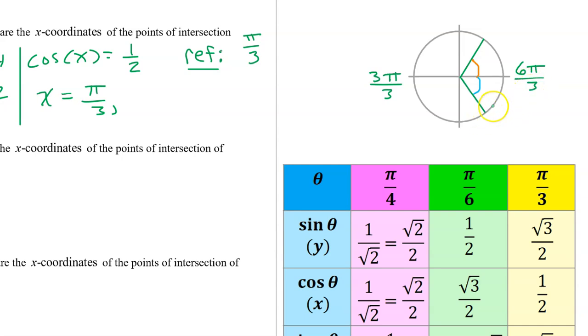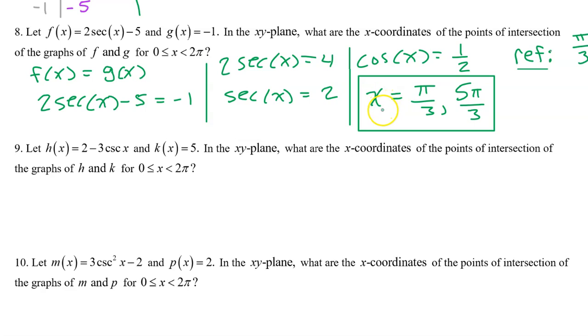Therefore, this angle will be pi over 3 less than 6 pi over 3, making it 5 pi over 3. So that's the other solution. So these are the x-coordinates of the intersection points of functions f and g between 0 and 2 pi.